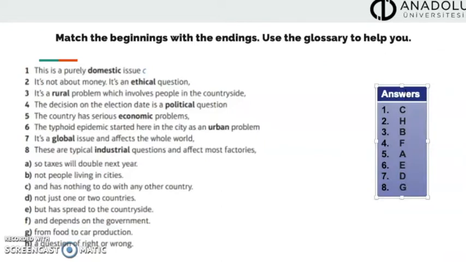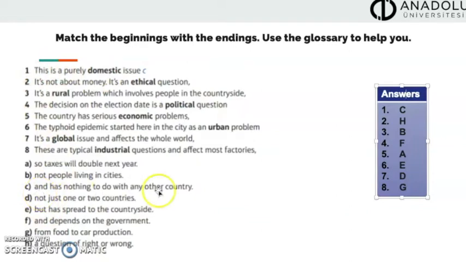Okay, now let's take a look at the first one. This is a purely domestic issue and has nothing to do with any other country. Remember the meaning of the word domestic. It means only about your country, not other countries. So number 1 and C match here. Number 2.